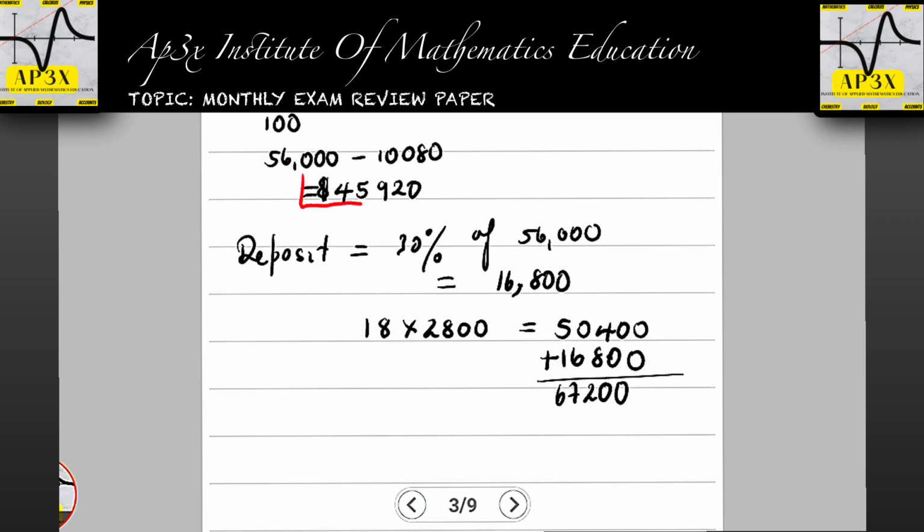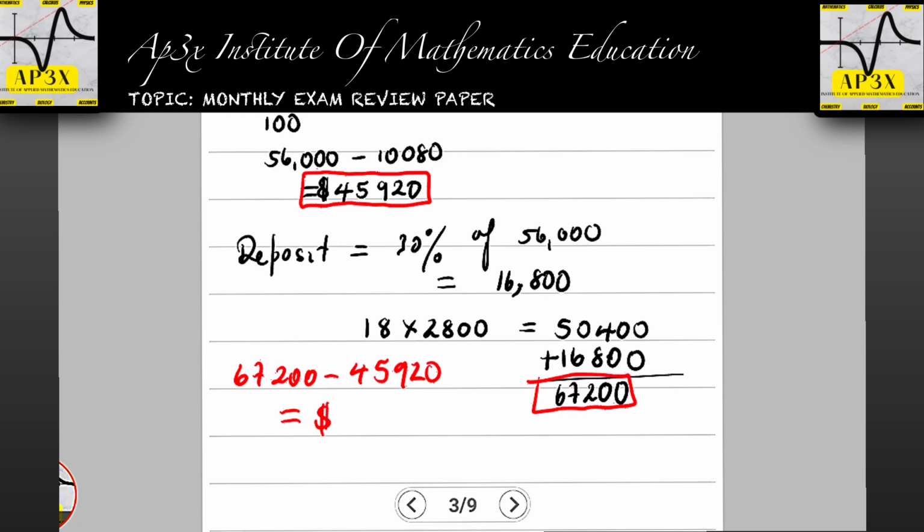So these two numbers are going to be crucial to answering that question, because we are going to subtract $45,920 from $67,200. And so the answer that I was looking for, based on how I wrote the question, was going to be 67,200 minus 45,920.